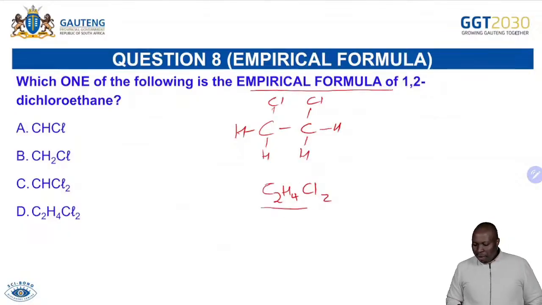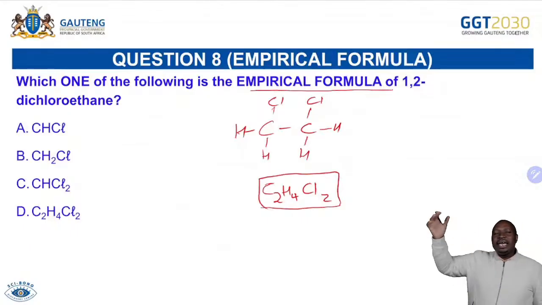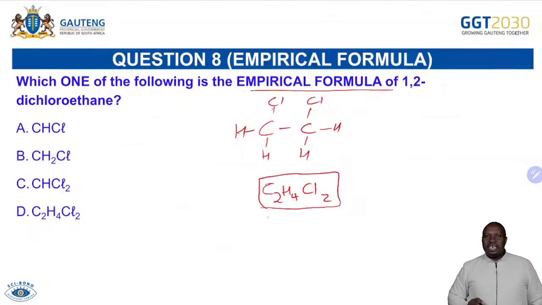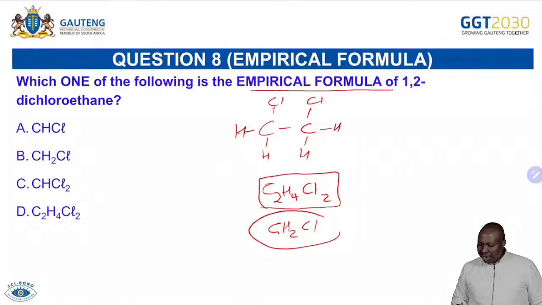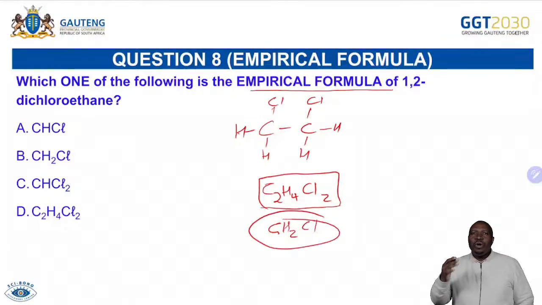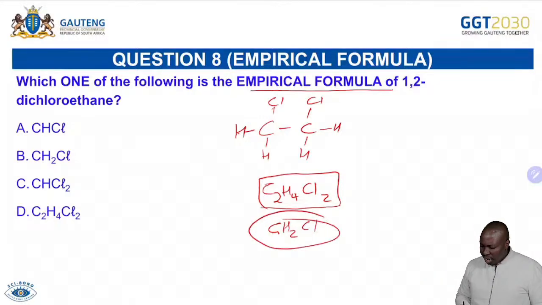C2H4Cl2. And remember, empirical formula is the simplest whole number ratio, which means we ask: is there any other number that we can divide by so that we cannot divide this anymore? If you divide this by 2, you will get CH2Cl. Then that will be the empirical formula, the simplest whole number ratio that we get.